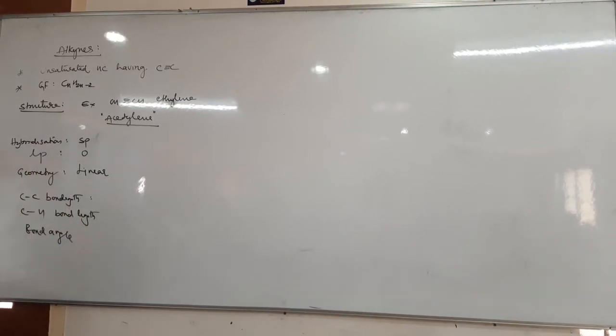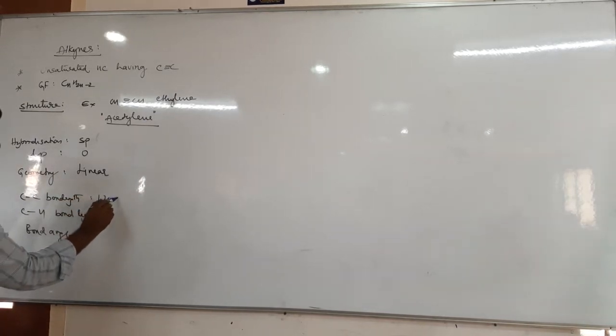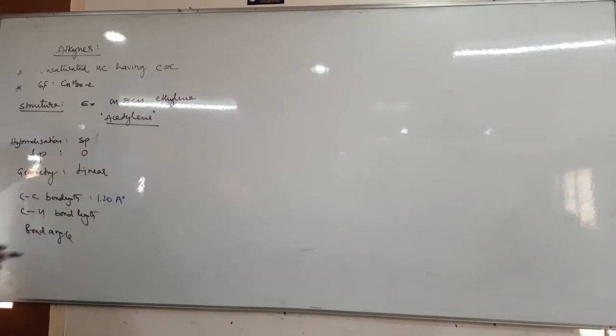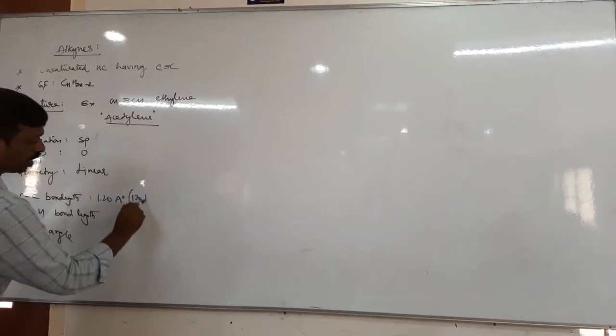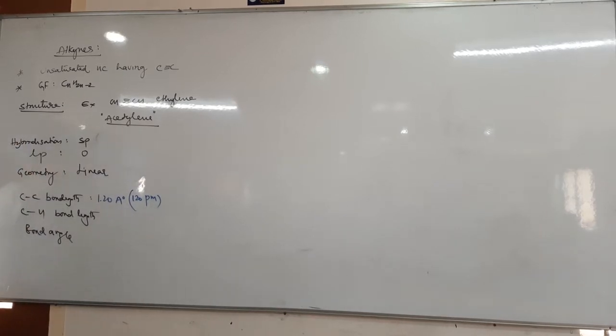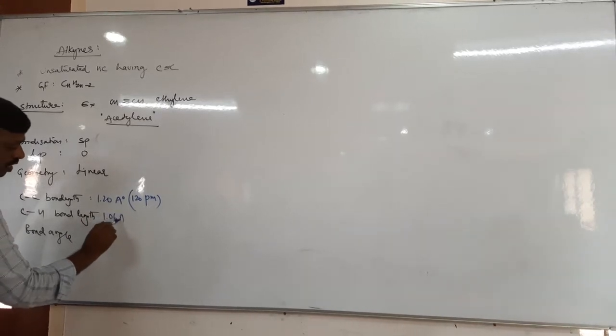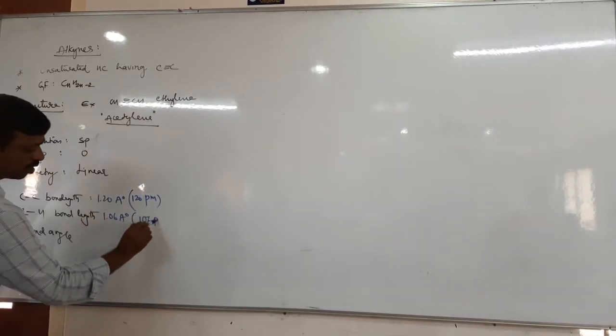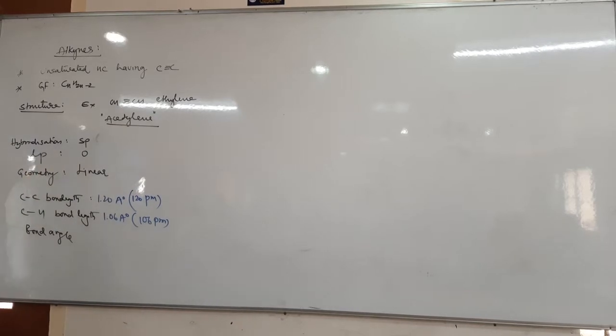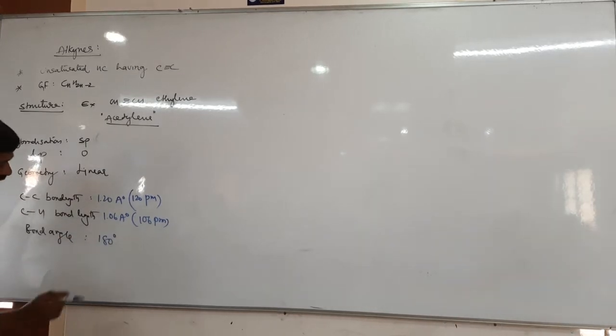Tell me, what is the carbon-carbon bond length? It is 1.20 angstrom, or 120 picometer. Next is the carbon-hydrogen bond length, 1.06 angstrom or 106 picometer. Next, what is the bond angle? Since it is linear, the bond angle is 180 degrees.